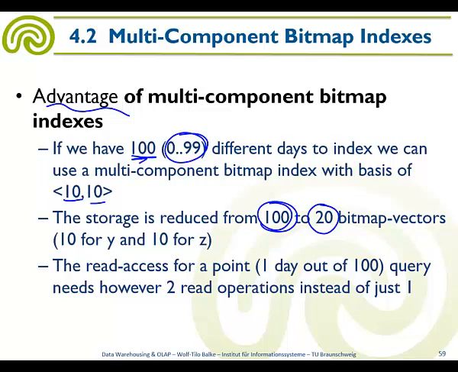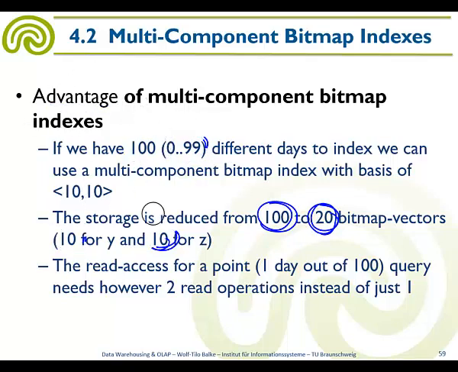Instead of having a bitmap index of 100 bitmap vectors, you only have 20 bitmap vectors, which is basically 1 for the first component and 1 for the second component. And as soon as you combine these components together and substitute the values in each component in the function that you have, you can replicate the 100 values.